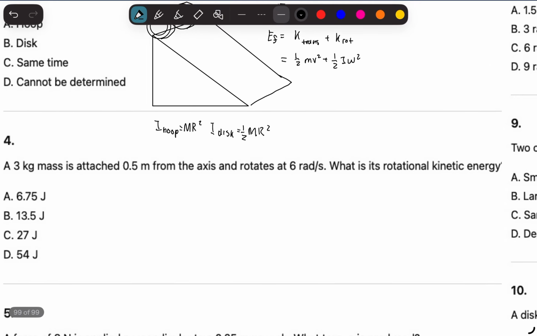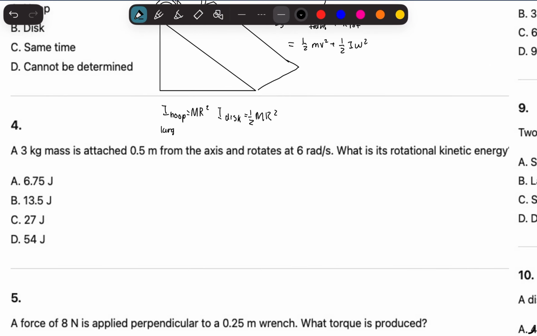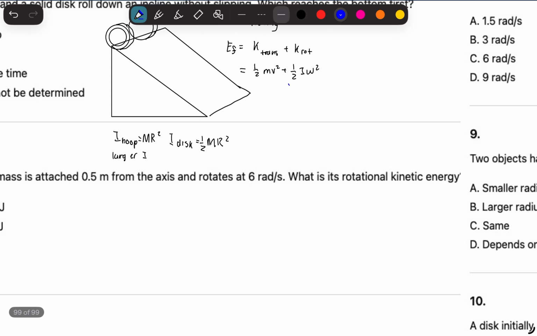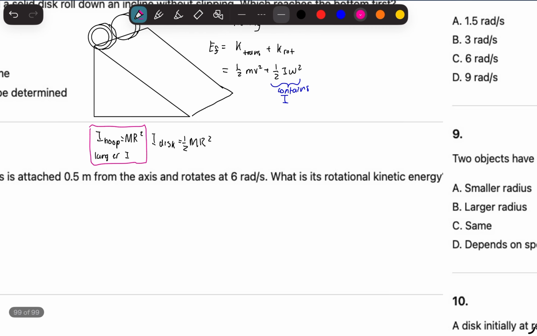So then we see that the hoop has a larger I, moment of inertia, and this is the part that contains I. So if you increase your I, that means that you have a larger K rotational. More energy is going to go into rotation.